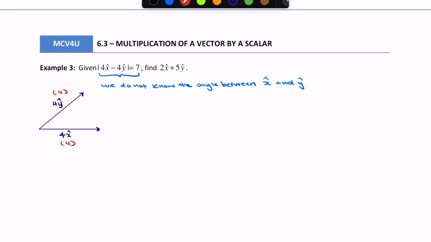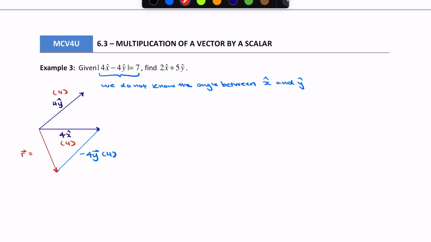So instead, we are looking for 4x minus 4y. So now we'll draw the 4y in the opposite direction to make it negative 4 vector y. Again, still 4 units. And we know that the resultant vector provides us with 7.